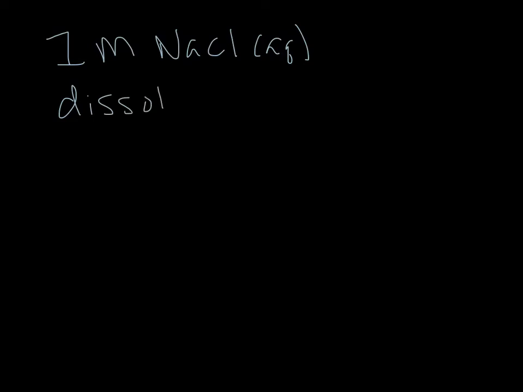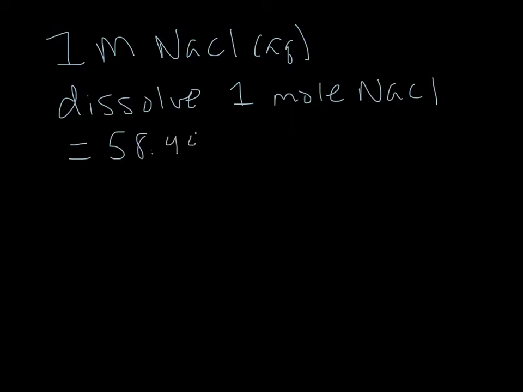So if I wanted to make a 1 molar solution of sodium chloride, and let's make this aqueous, so we'll use water as our solvent, I would need to dissolve 1 mole of sodium chloride, which is equal to 58.44 grams.